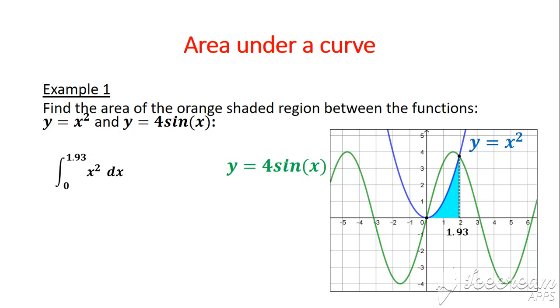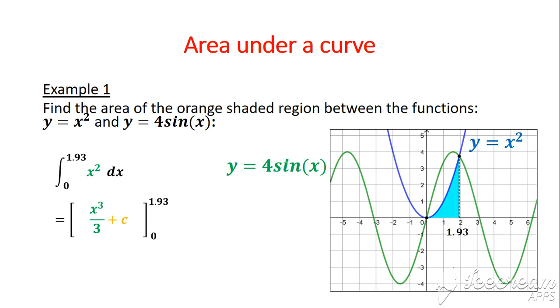Right, now I'm going to turn my attention to the parabola, and I'm going to work out the area of this light blue section between the x boundaries of 0 and 1.93. So I'm going to integrate x squared between the boundaries of 1.93 and 0.